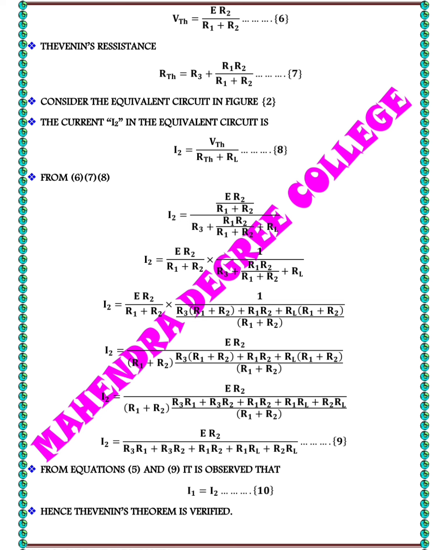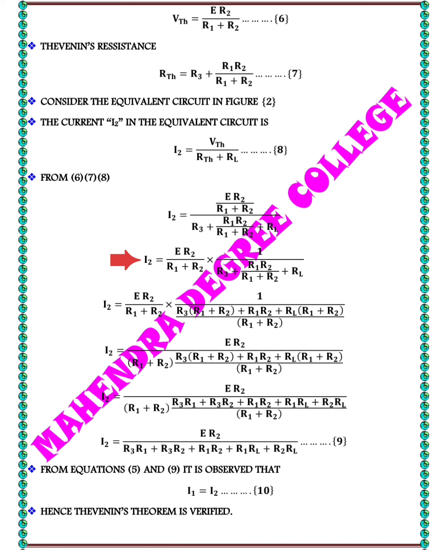From equations 6, 7 and 8, Thevenin's voltage VTH and Thevenin's resistance RTH values are substituted in equation number 8. We get I2 equals ER2 by R1 plus R2 by R3 plus R1 R2 by R1 plus R2 plus RL. Next step, inverting and multiplying the divisor.